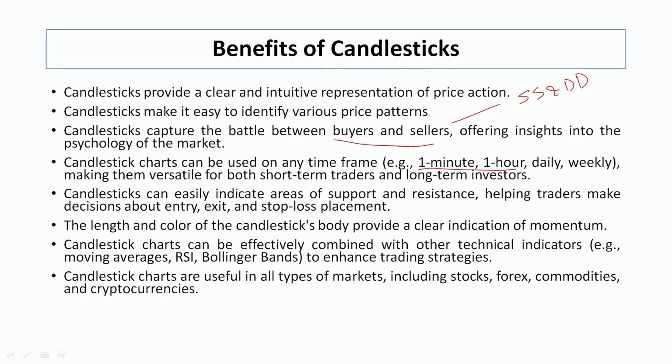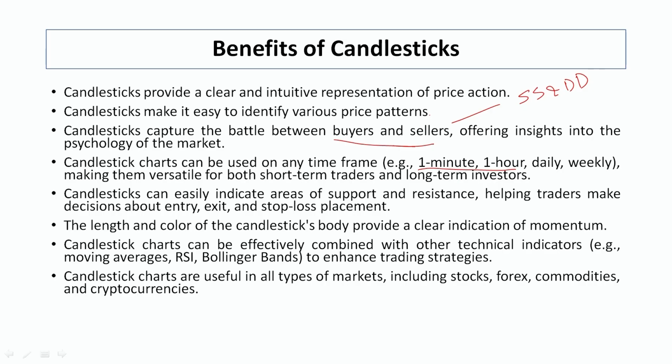or hourly data. Candlestick charts can be effectively combined with other technical tools like moving averages, RSI and Bollinger Bands. So you can have a combined figure or combined Excel sheet where you can put candlesticks, RSI as well as moving averages to get a better understanding of the market scenario or a particular stock movement.